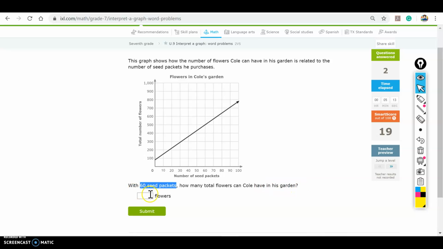So, 60 seed packets. Where do you think you can find that? Yep, right here. So we create a line that intersects with the line given on the graph, and I check how many flowers, which would be 500. So I put 500.